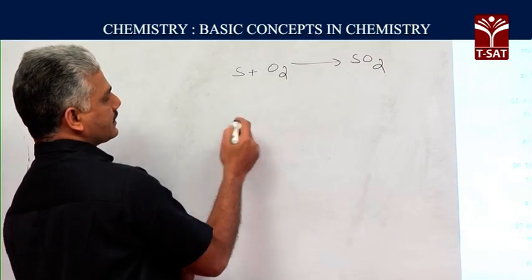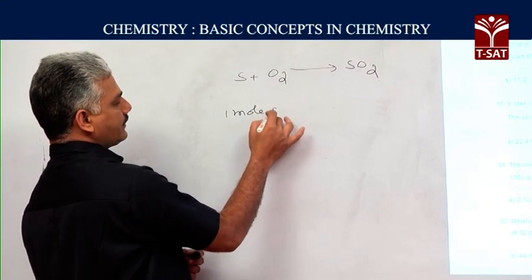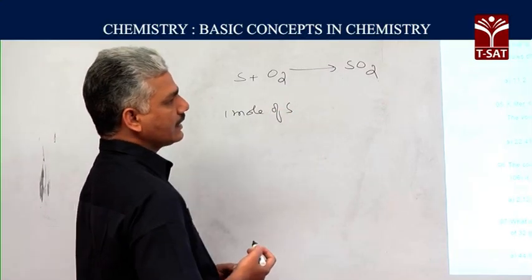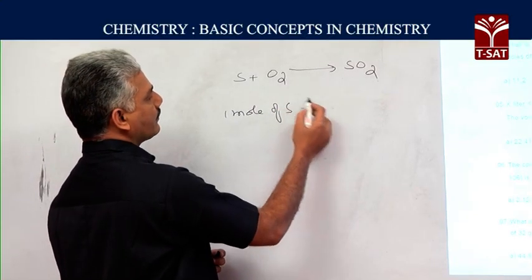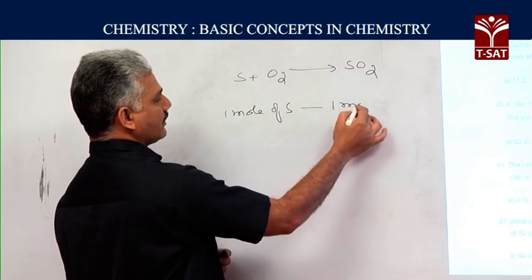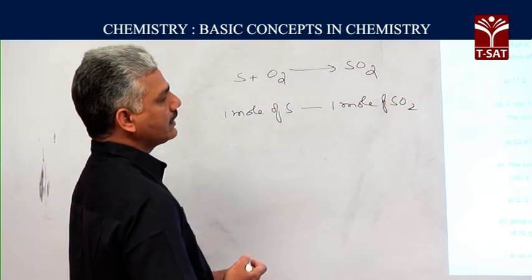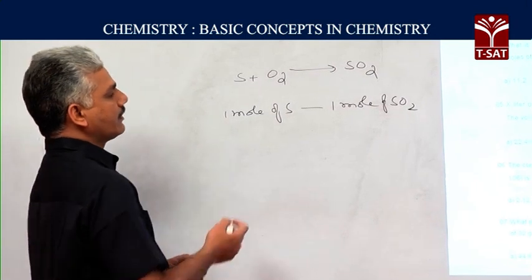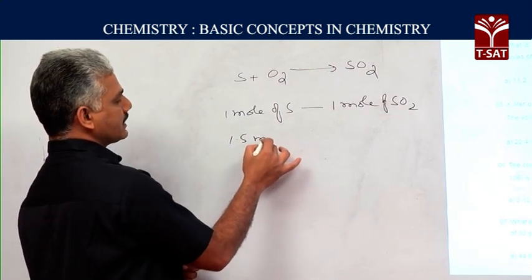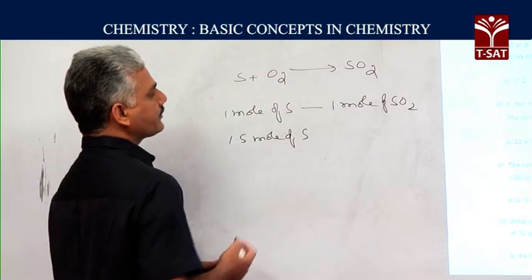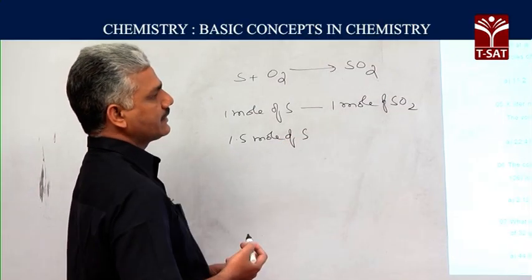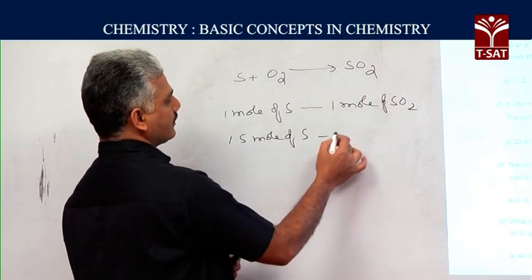As per the balanced equation, 1 mole of sulfur can react with 1 mole of oxygen to give 1 mole of sulfur dioxide. Now, in the given problem, 1.5 moles of sulfur is reacting. So, how much sulfur dioxide will you get?